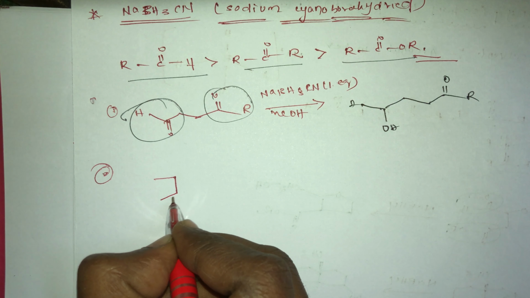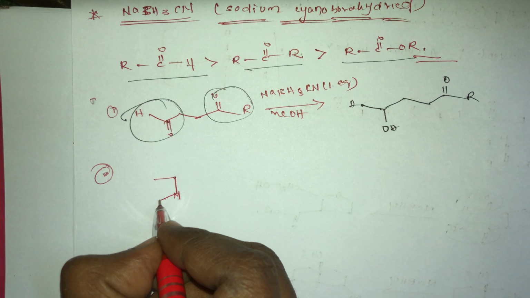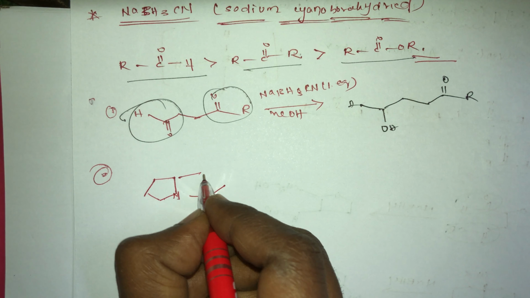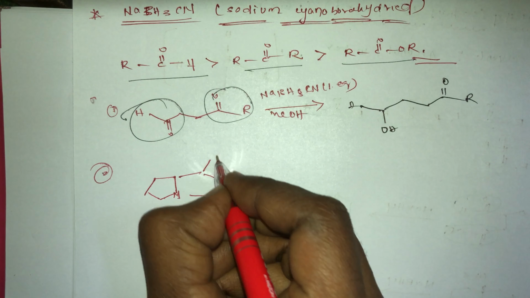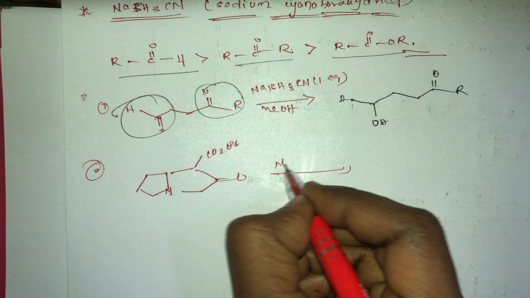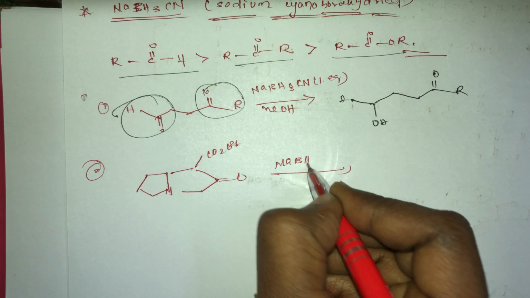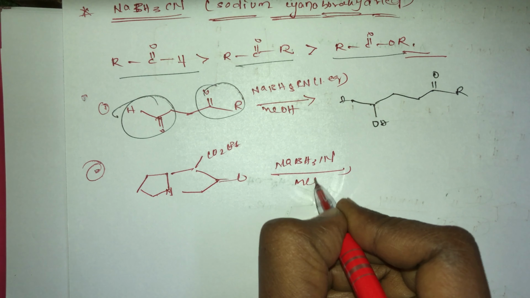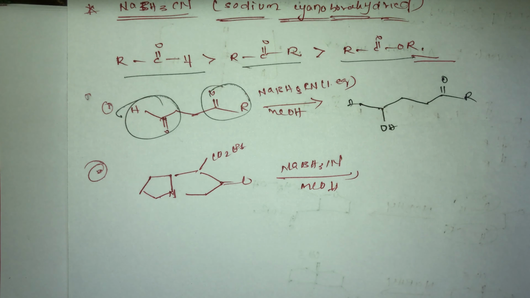So here again one more reaction. This is for sodium cyanoborohydride, a derivative of boron. Here we have one ester group. While using sodium cyanoborohydride in methanol, what will we get?